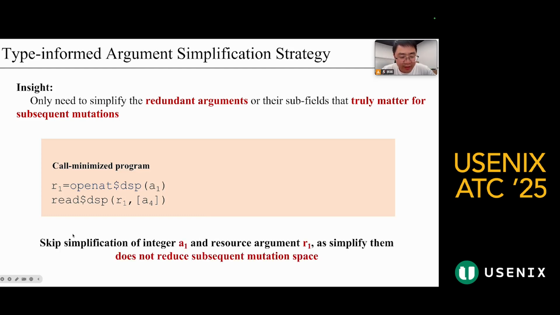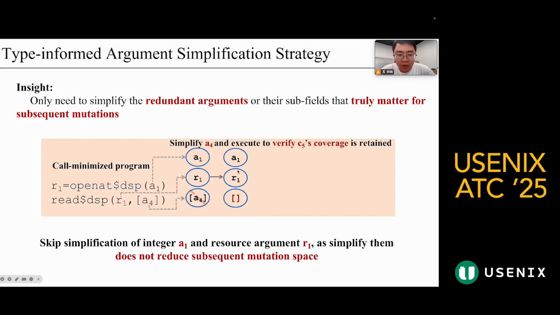So we can skip the simplification of integer A1 and resource argument R1, as simplifying len does not reduce the subsequent mutation space. So we only simplify A4 and execute to verify call 5's coverage is retained.